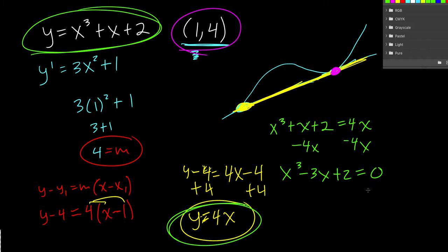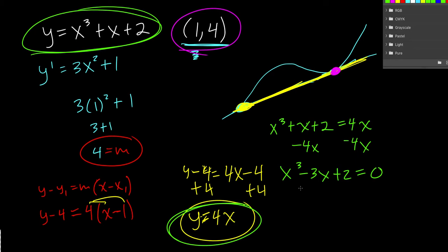Okay, there's some stuff we can definitely do, some factoring methods we really haven't covered. So I would suggest, I know this is kind of silly, but I would suggest just graphing this and seeing where it crosses.